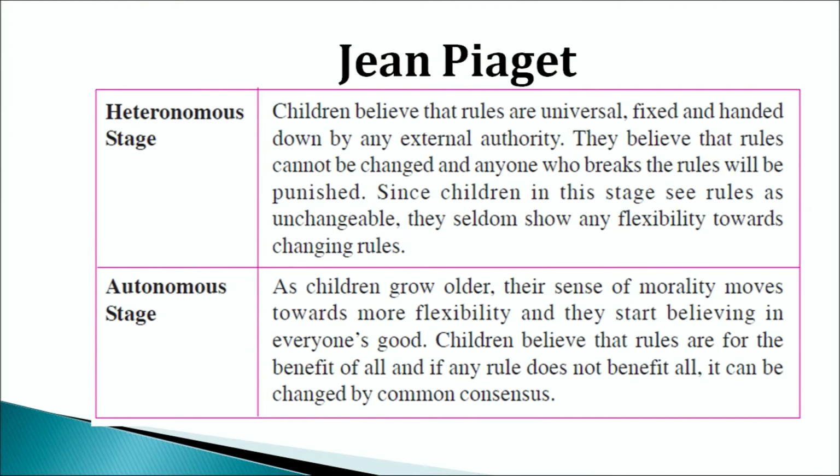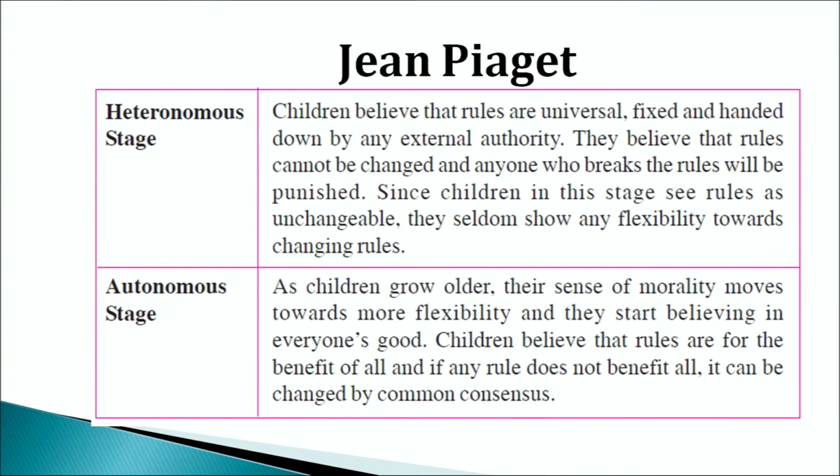Since children in this stage see rules as unchangeable, they seldom show any flexibility in changing rules. That is, they have a tendency to stick to the rules that are made when they are playing. This is known as the heteronomous stage in moral development.